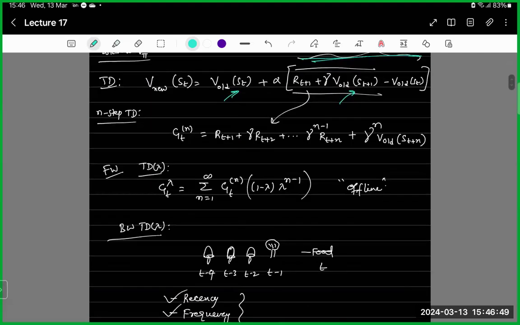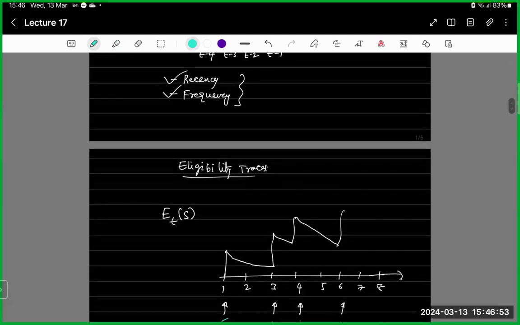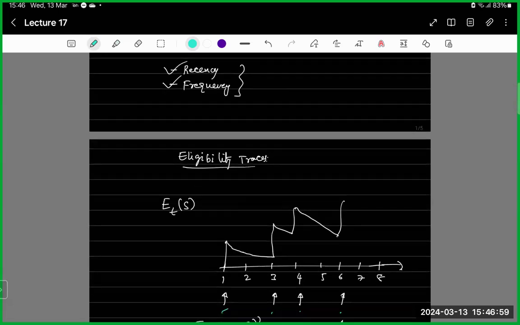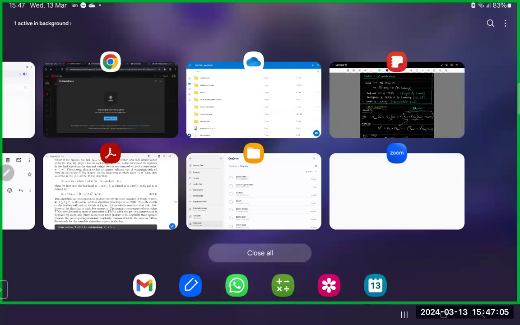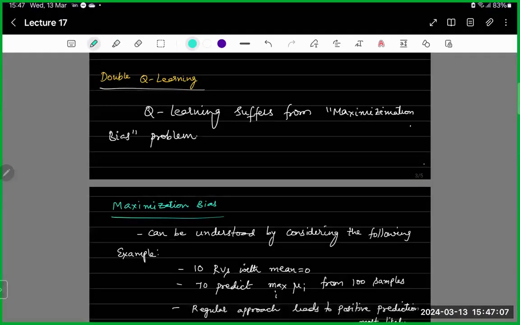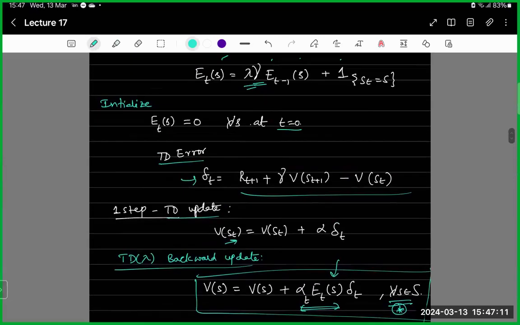If you want to use similar techniques as eligibility traces for the control problem, we have to make one minor change. Instead of having an eligibility trace for each state, we have to have an eligibility trace for each state action pair.